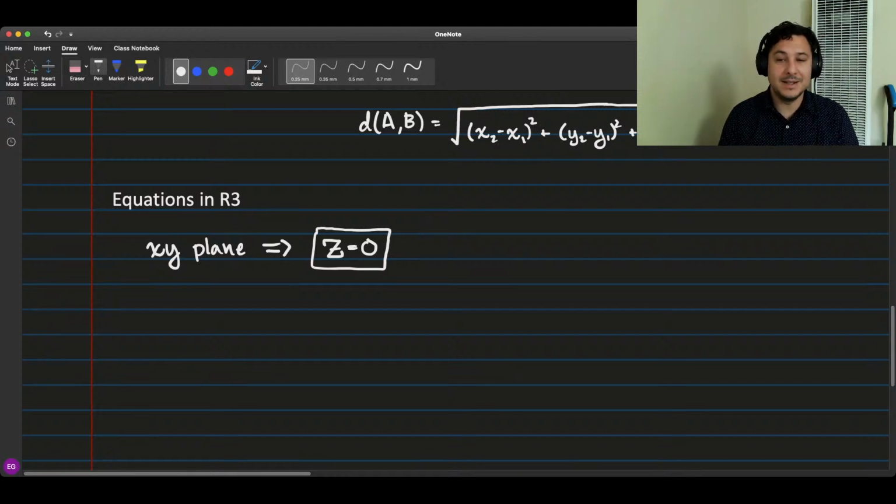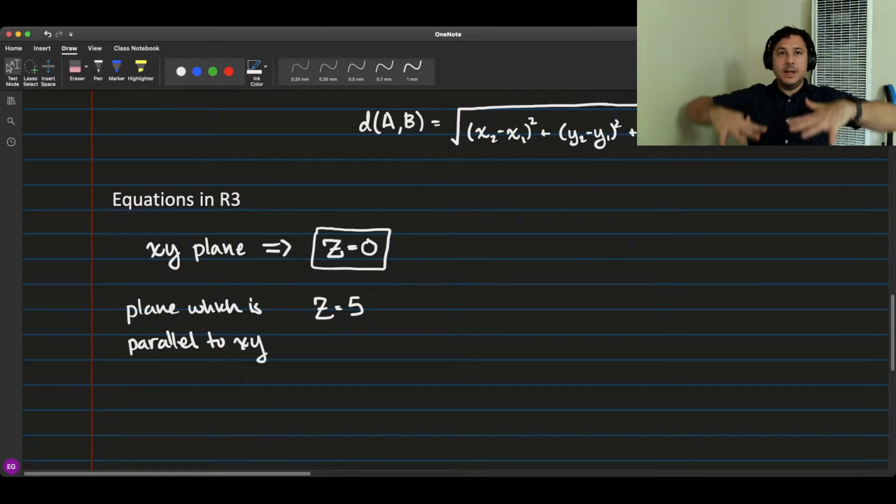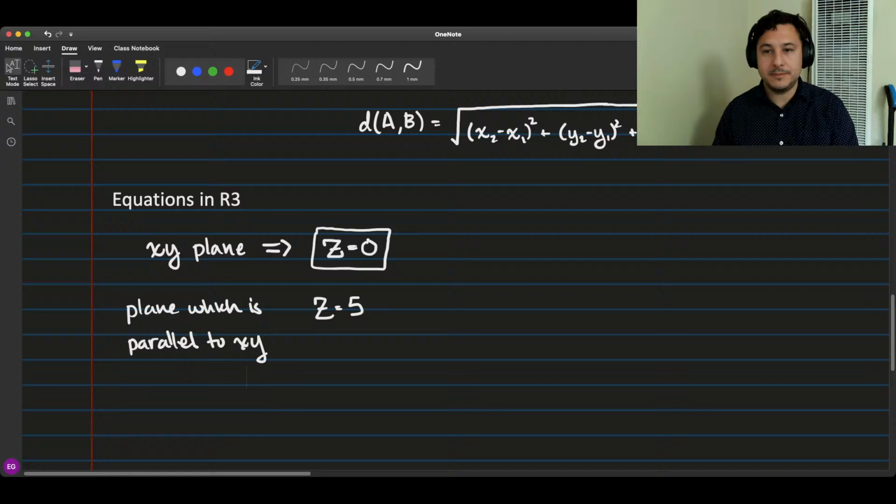So if you ever run into an equation like z equals 5, that's a plane which is parallel to the xy plane, but it's been floated up by 5.